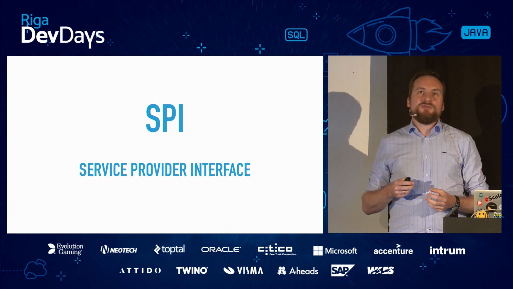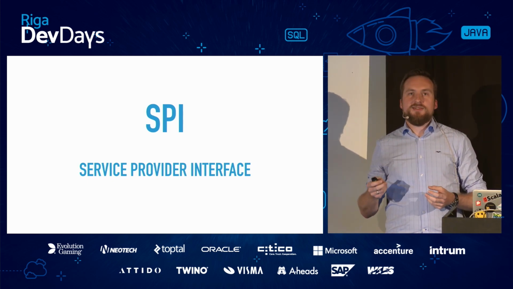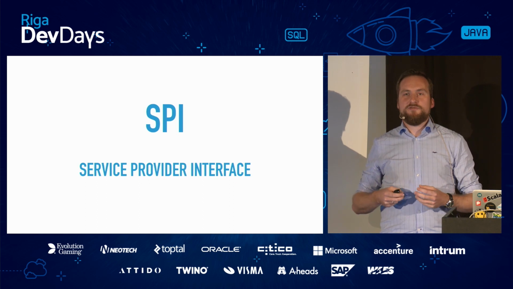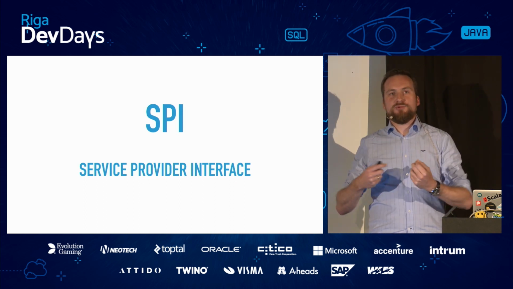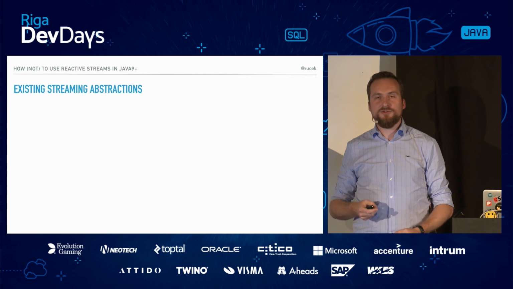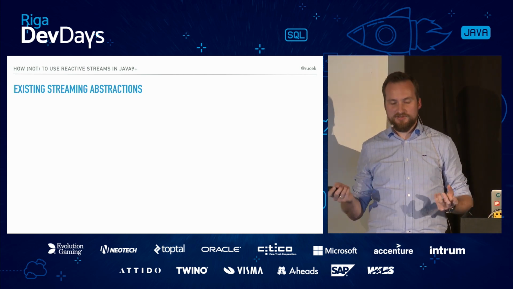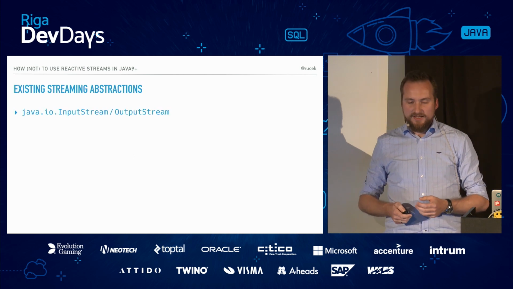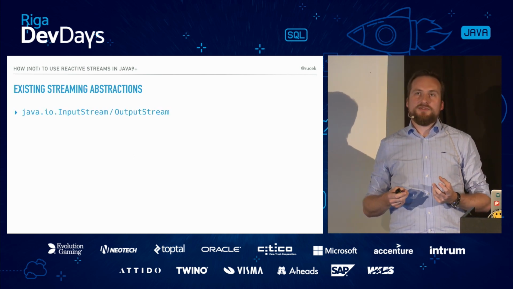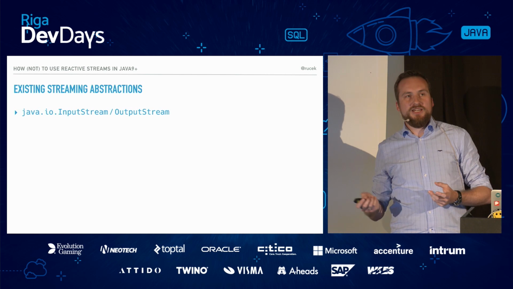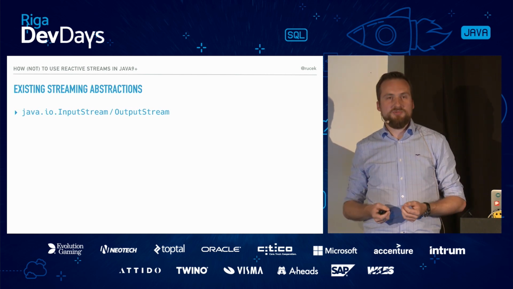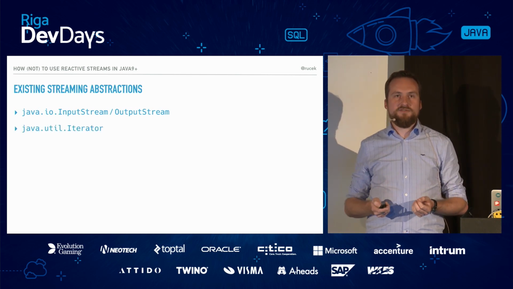And now we'd like to see what's the state of streaming support in the JDK, and what could be done in the future. If you look at things that we have had in the JDK for a very long time, there are a couple of them that either sound or even behave like streams. For example, we have input and output streams for Java I/O.